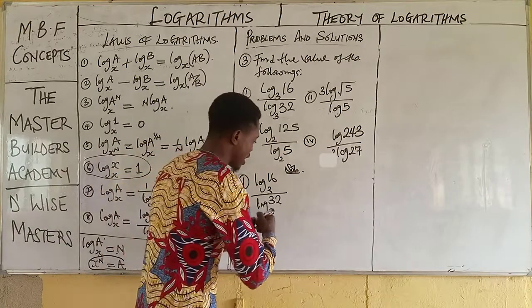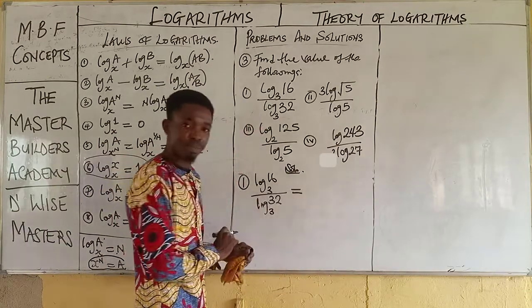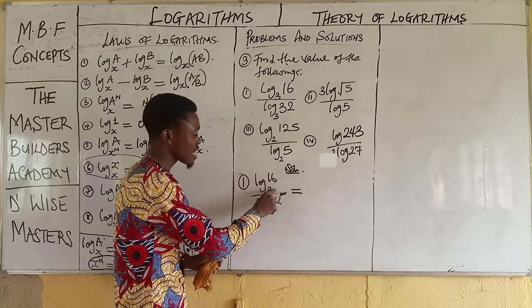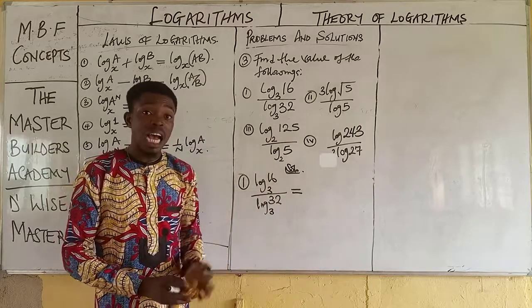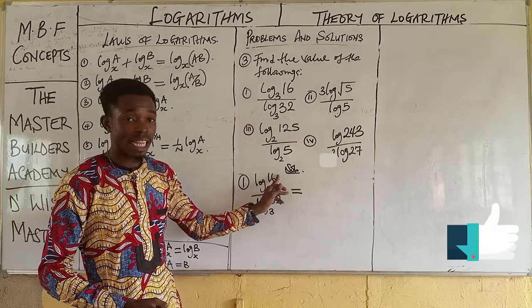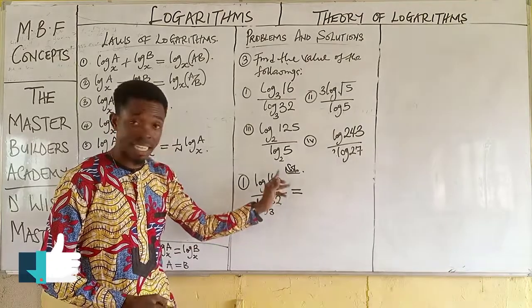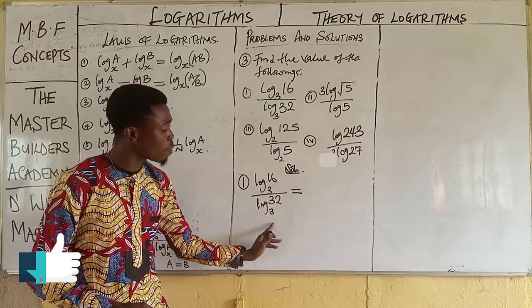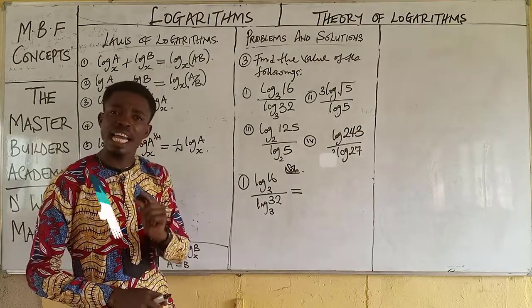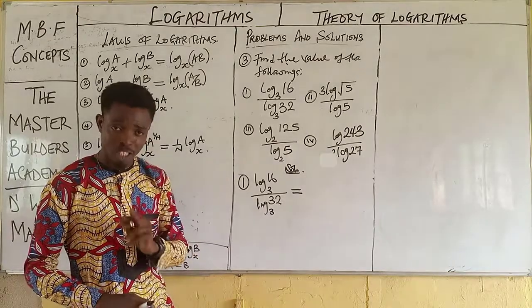Then, if this is taken, all I need to do at this point is find a way to reduce 16 to its least value. And of course, you find out that there is no way 3 can divide this. It is impossible for 3 to divide 16, and it is equally impossible for 3 to divide 32 without remainder. And here we are not dealing with decimals, as you all know.